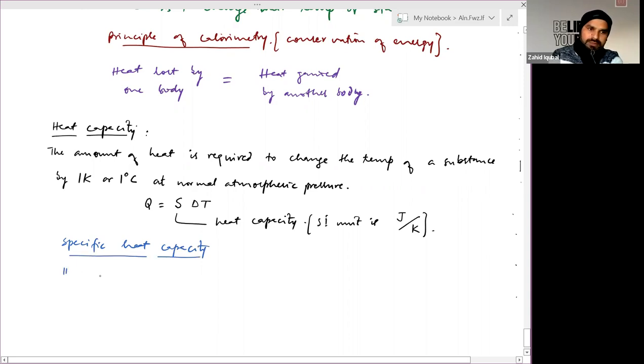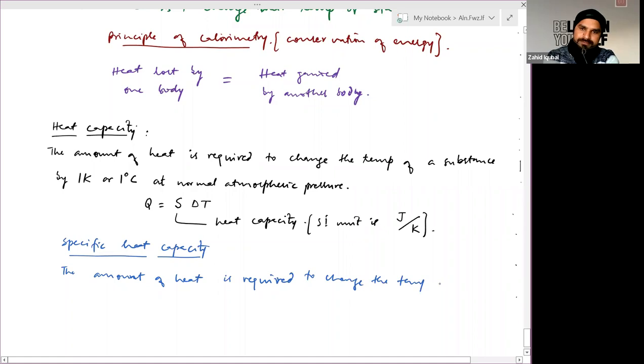It will be the amount of heat required to change the temperature of 1 kg of substance by 1 Kelvin or 1 degree centigrade at normal atmospheric pressure.